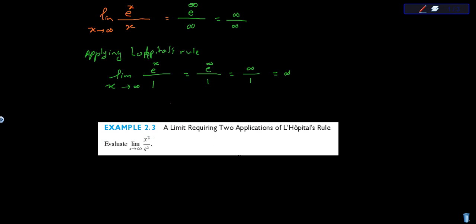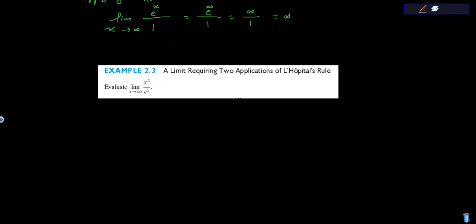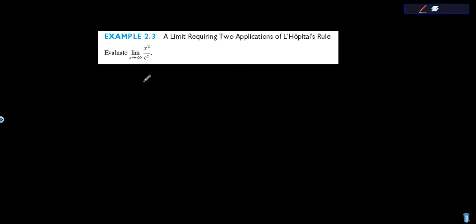We can take another example here. Look at this question. Evaluate the limit of x squared over e to the power x as x approaches infinity. Step 1: substitute. Infinity squared over e to the power infinity is infinity over infinity.